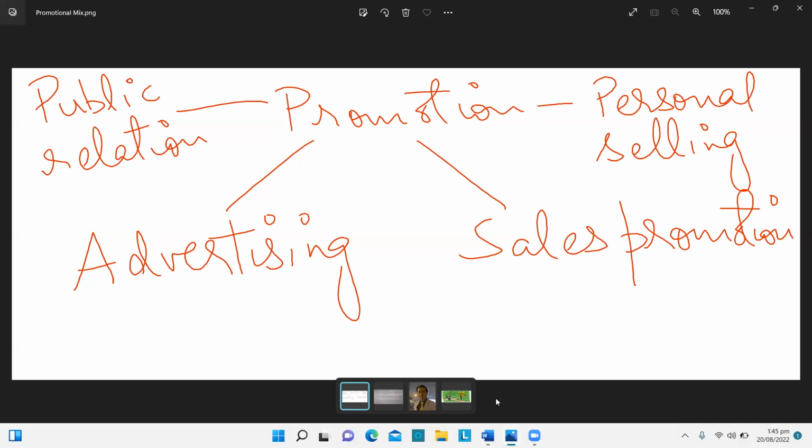Similarly, you keep informing people about the latest offers through SMS, through emails, right? This is also public relations, and it helps establish a good relationship with the people.